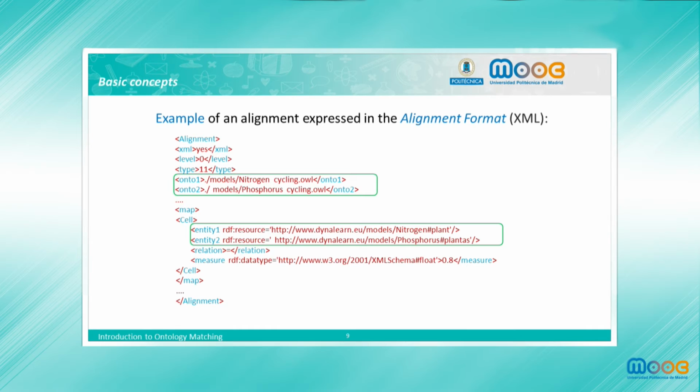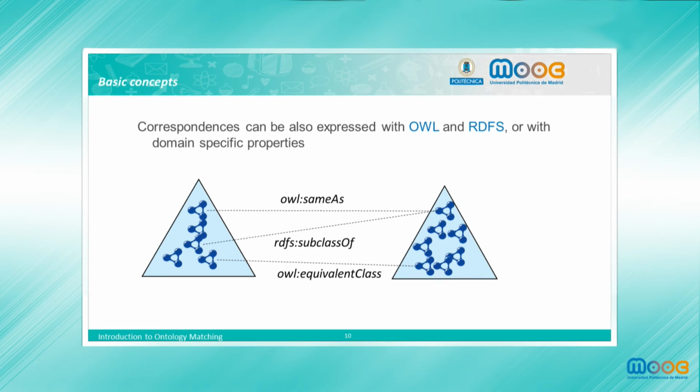These are the two entities that are matched and the type of relationship between them, in this case equivalence, along with the confidence degree of this relation. Not only in the alignment format, correspondences and alignments can also be expressed using OWL and RDFS constructs, or using other ontologies via their domain-specific properties.